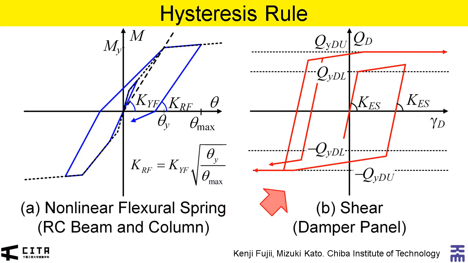And in damper columns, the hysteresis model proposed by Ono and Kaneko shown in B is used for the nonlinear shear spring. This model can consider the strain hardening effect. Note that the flexural behavior of damper column is assumed to be elastic behavior.